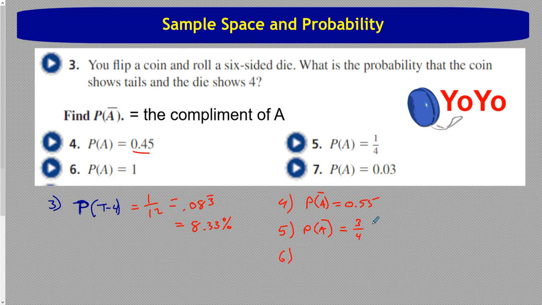What's left over when I subtract from 1? Number 6. This is guaranteed to happen, so the probability it does not happen is 0, the opposite. And for 7, 0.03, so the probability of the complement of A would be 0.97, right? We're just doing 1 minus whatever the probability of A is, and that's the probability of not A.